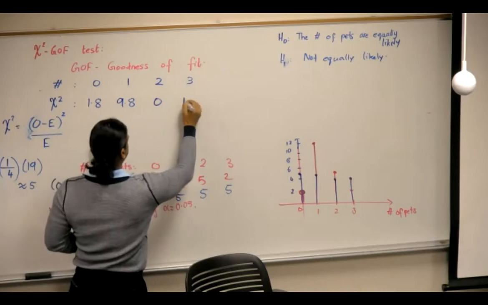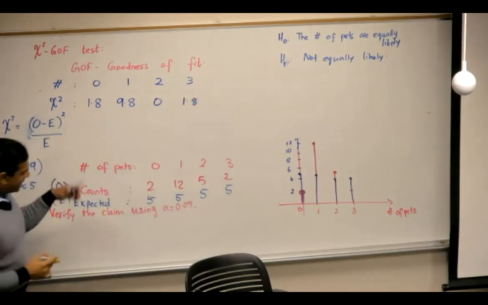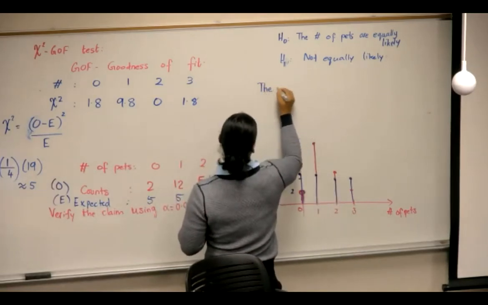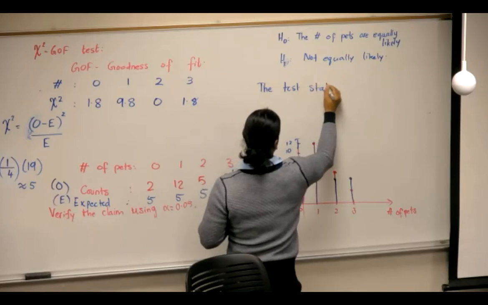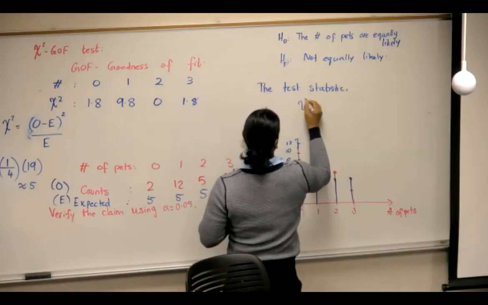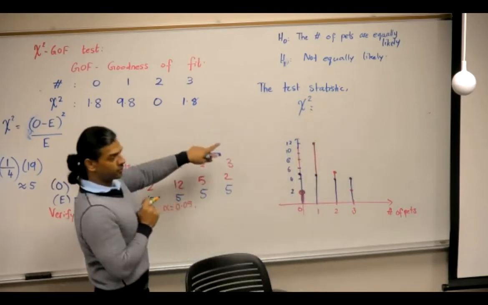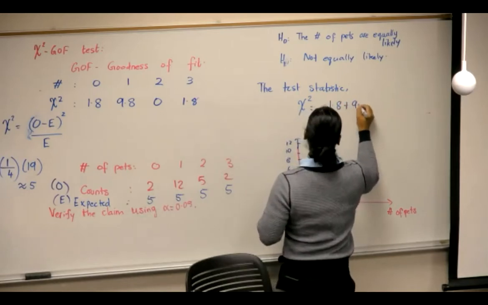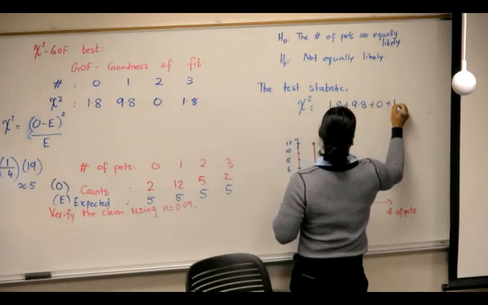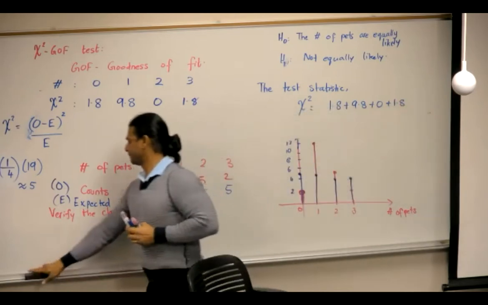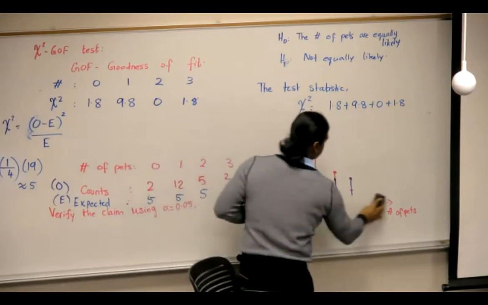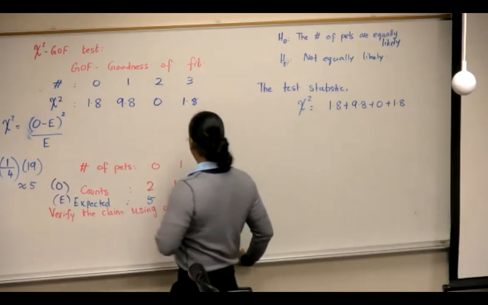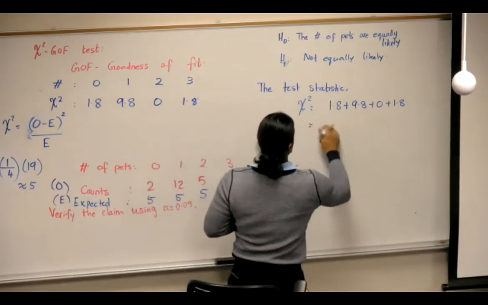And then 1.8. When we add all of those together, 1.8 plus 9.8 plus 0 plus 1.8, we get 13.2.